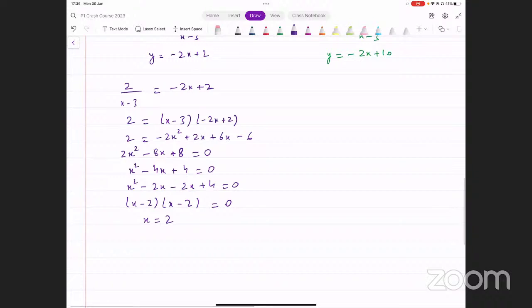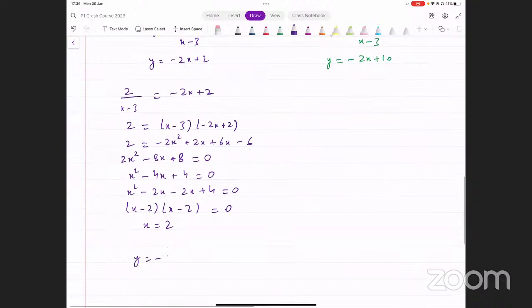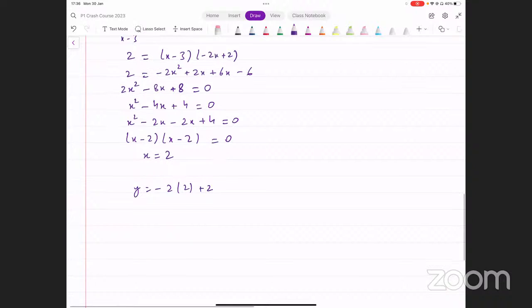Put this back in the equation that we had. y equals minus 2 into 2 plus 2. And that gives us y equal to minus 2. So the coordinates of one of those points that we were looking for, they are 2 and minus 2.